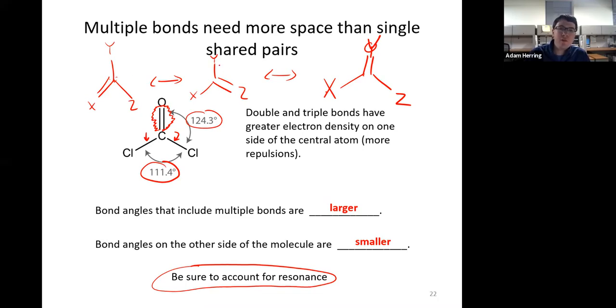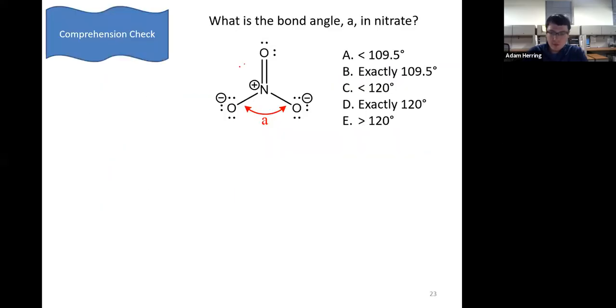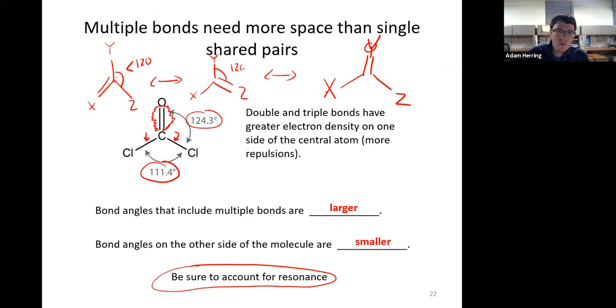If we look at the resonance form on the left, what would be the bond angle here? Well, we would expect it to be less than 120. However, if we look at it in this form, we would expect it to be greater than 120. And same thing here, we would expect it to be greater than 120. So it turns out that the resonance forms cancel each other out.